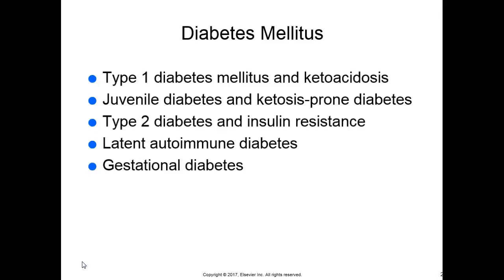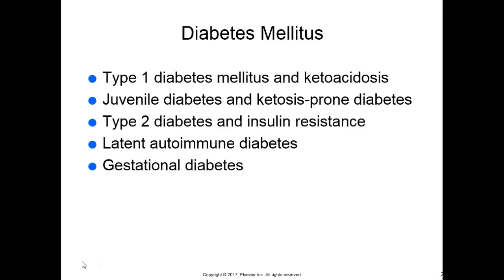Patients with latent autoimmune diabetes are usually not overweight, and they may have a family or personal history of having an autoimmune disease. The diagnosis is made based on, first of all, the onset after the age of 30 years.